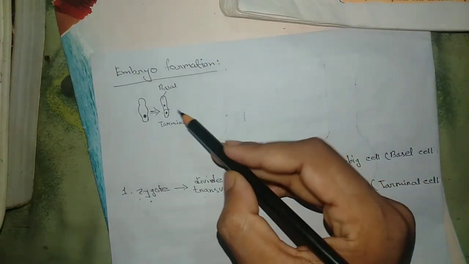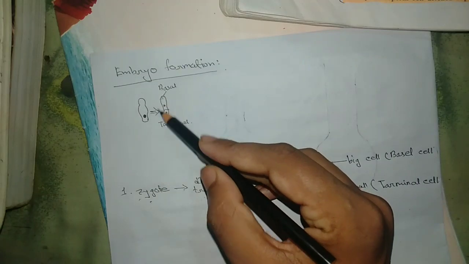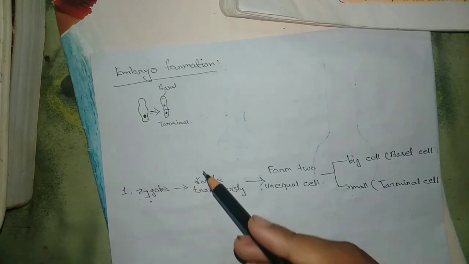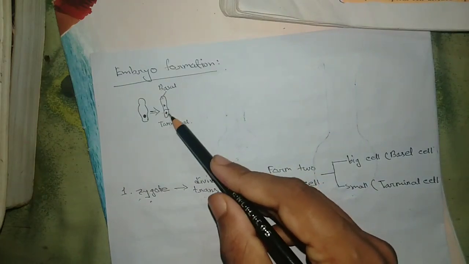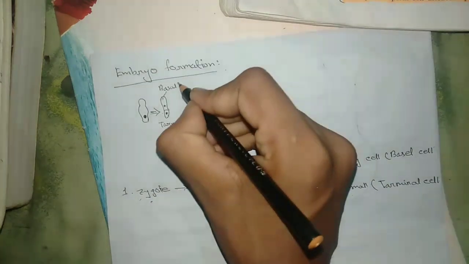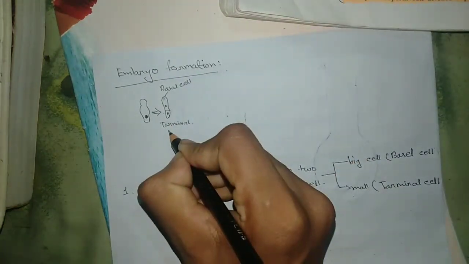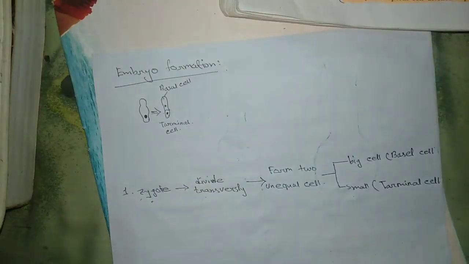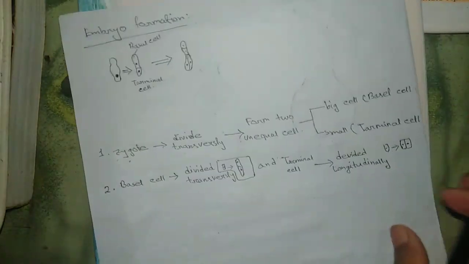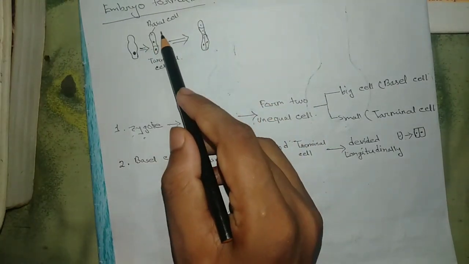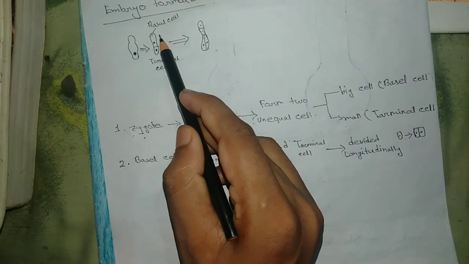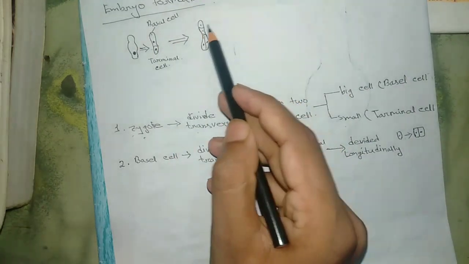Okay, this big cell, the big part, is known as the basal cell, and the small part is known as the terminal cell. If you see this place, this basal cell divides transversely.